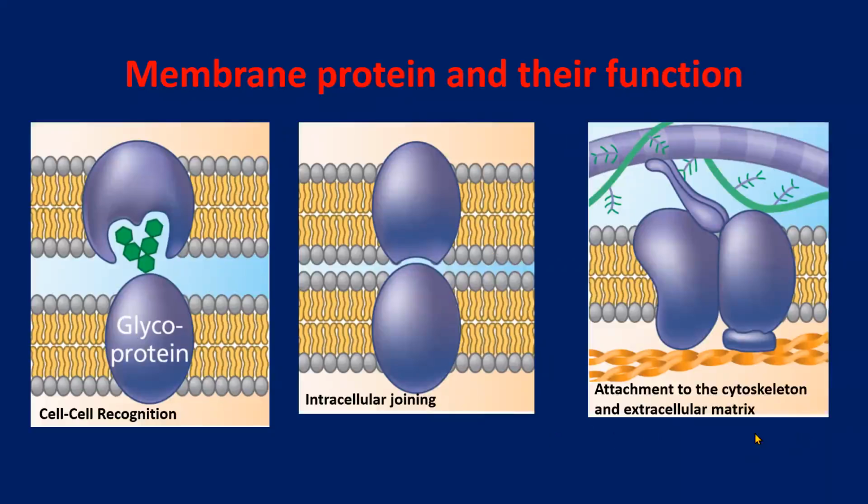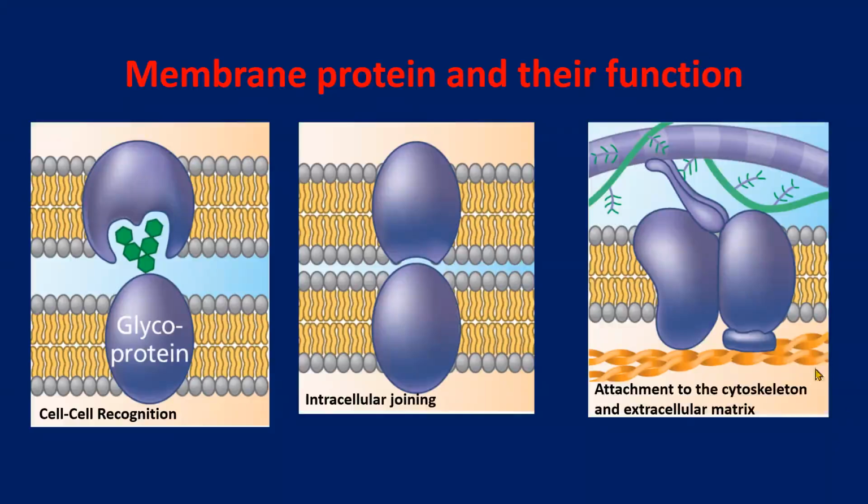Then the last class is about the membrane proteins which can attach the cytoskeleton and the extracellular matrix. Over here, this is the cytoskeleton and this is the extracellular matrix. This class of protein can interact with the fibers within the cell and outside the cell.